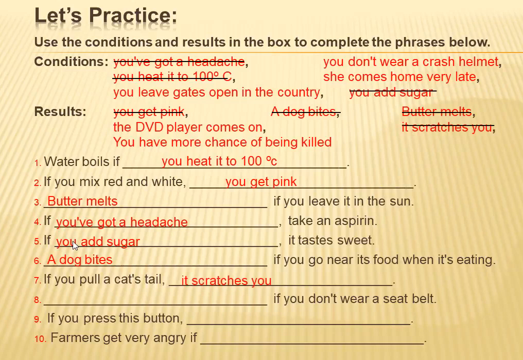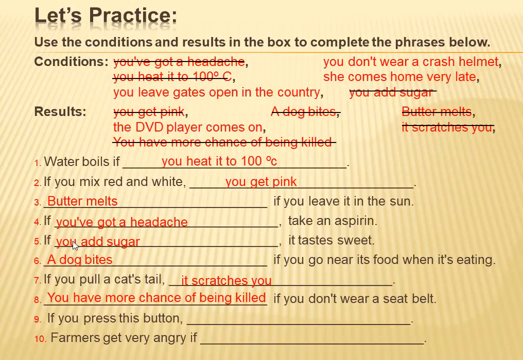Number 8: you have more chance of being killed if you don't wear a seat belt. So for example, when you drive a car and you don't wear a seat belt, you have more chance of being killed in an accident or something else.